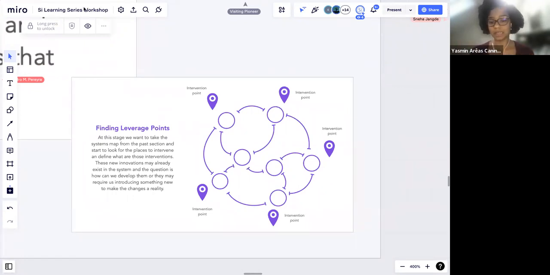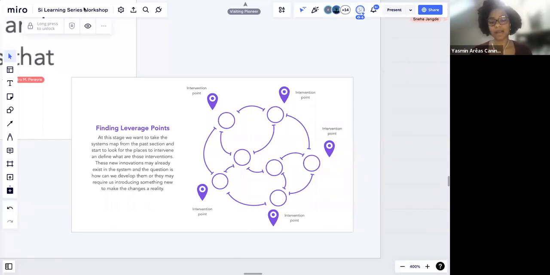So again, in the same example, maybe we identified that a very important point in the challenge of the rise of food products is the transportation, right? How this food, this product, is transported across the country or across the world.